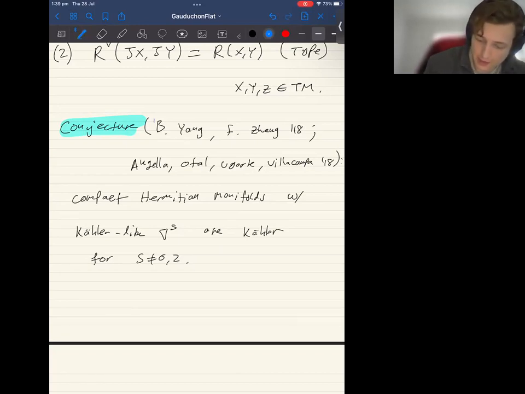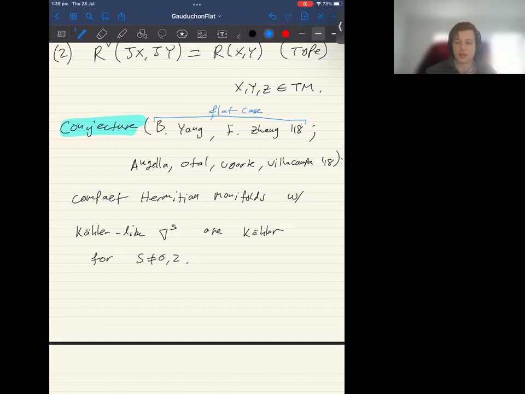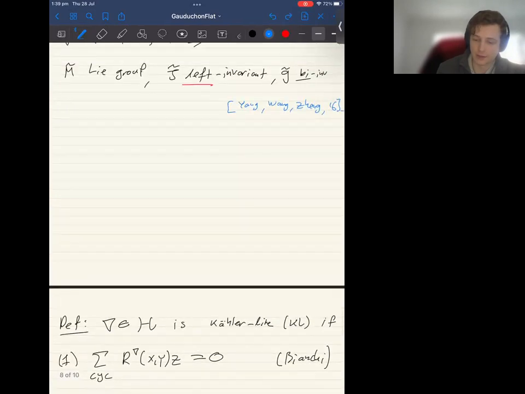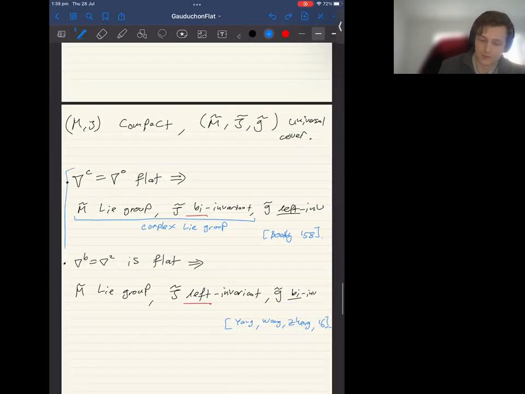Okay, and the reason there's two sets of names is because Yang and Zheng conjectured this first for the flat case. Okay, but you can see that this conjecture itself does contain the flat case. So it's an interesting problem, right? So if we ask that a Gauduchon connection nabla S has the same symmetries as that of a Kähler metric, then we claim that the metric itself is Kähler. Okay, but we ask S is not equal to 0 or 2, obviously because these two examples have been covered here. I forgot to mention that.